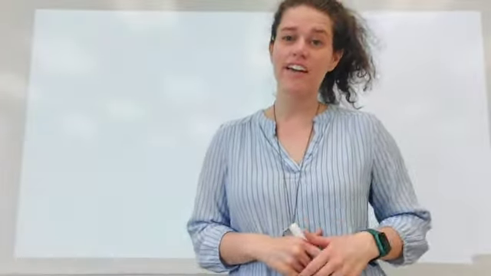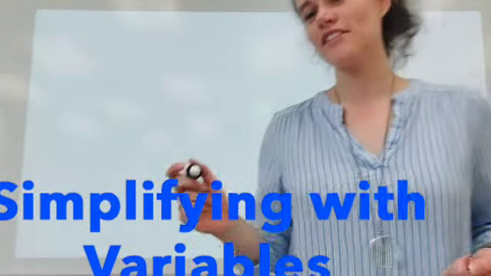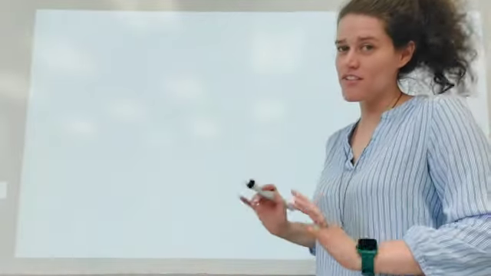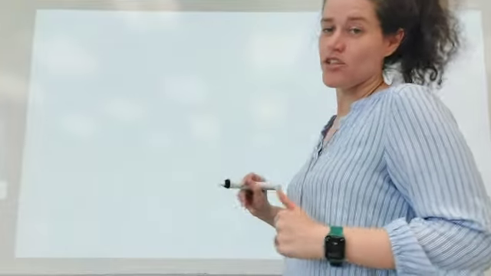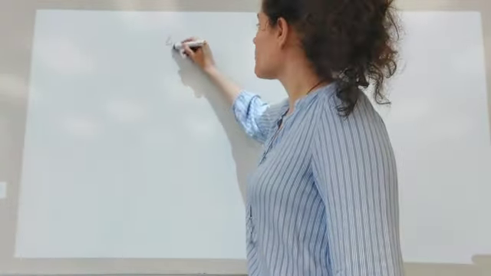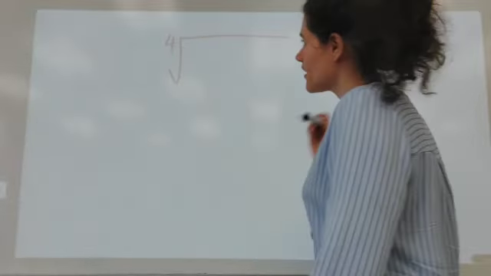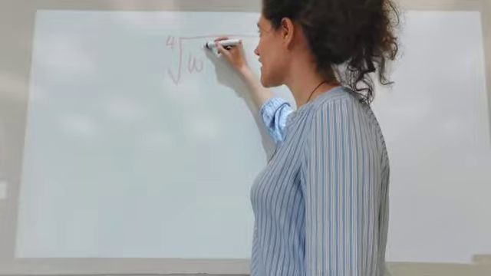Now we're going to look at simplifying radicals when there are variables involved. So we're going to put all these concepts into one thing, but we're going to break it down into each individual part. So let's say we've got the 4th root, and we're going to do w to the 8th power.